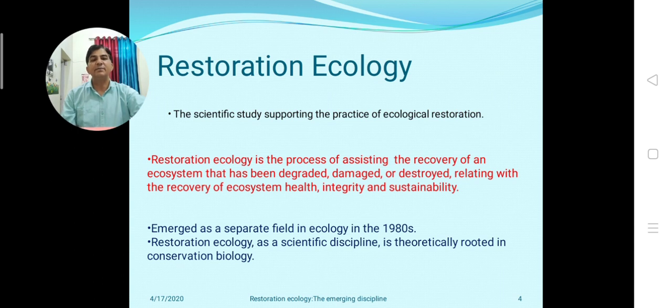Ecologically, restoration can be applied at the level of ecosystem, habitats, communities, species, water or soil quality, or some other ecological characteristics of a degraded or damaged area. Ecological restoration then becomes a tool for ecological research to support conservation and sustainable development efforts.